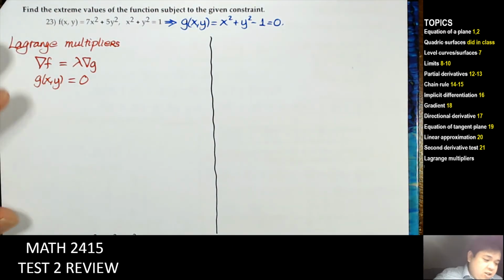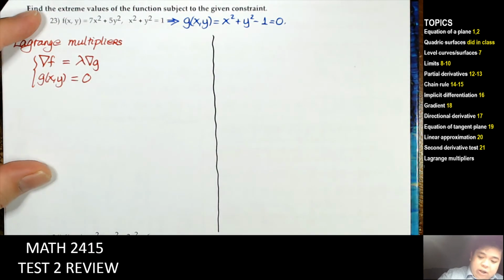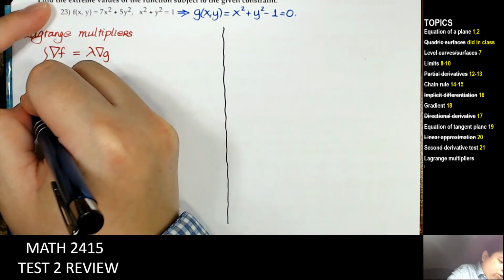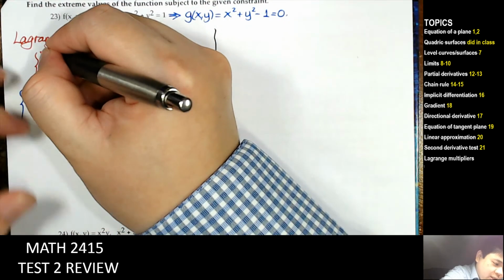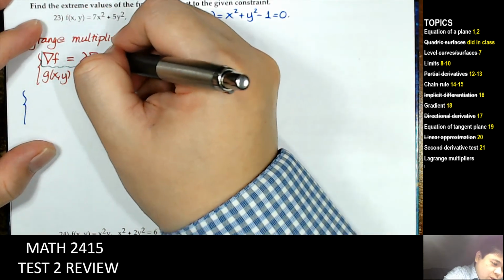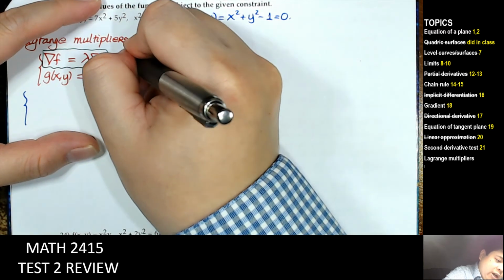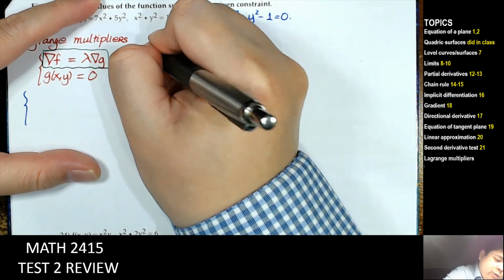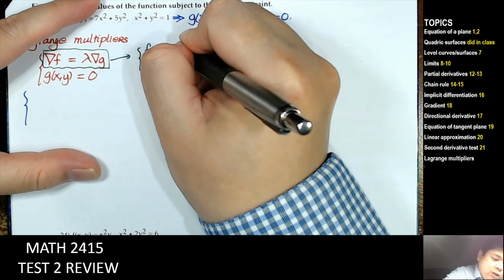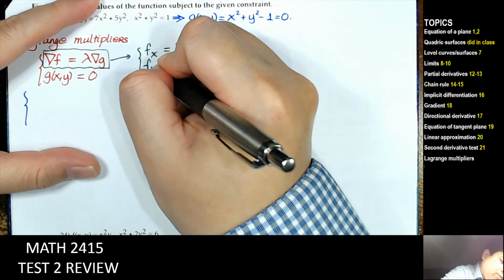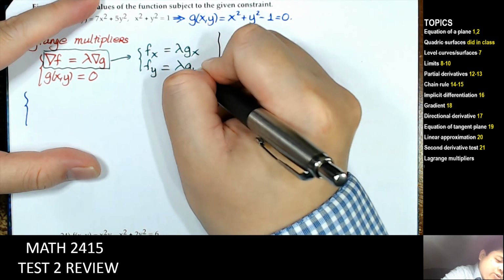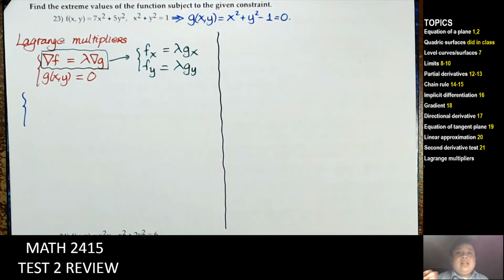So that system of equations we can write as the partial derivative with respect to x of f equal to lambda times the partial derivative with respect to x of g, and with respect to y, lambda times g sub y. In class I will write the alternative form for it, but you can just use that.